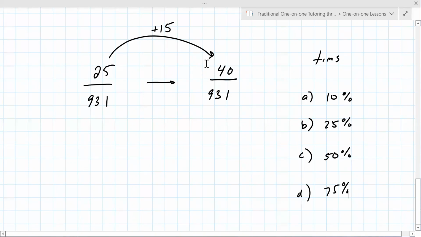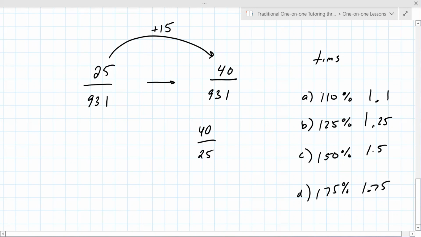Basically, I'm asking you how much bigger is 40 compared to 25, but not in terms of addition. It's just percentages. Or really a decimal, so this would be 1.1, 1.25, 1.5, 1.75. So it's the ratio. It's like, what is 40 over 25?